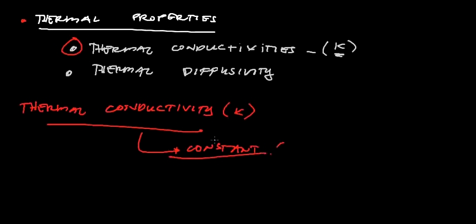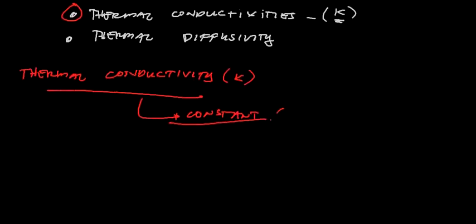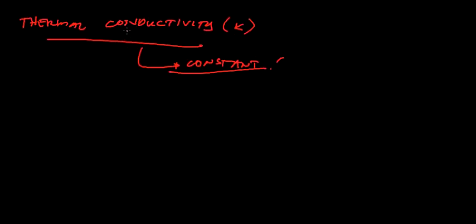So we treat this property, specifically the thermal conductivity K, as constant. Once again, based from our previous topics, the rate of heat transfer depends on the property of this material, which is what we call the thermal conductivity, right?